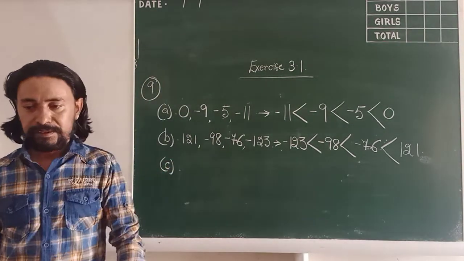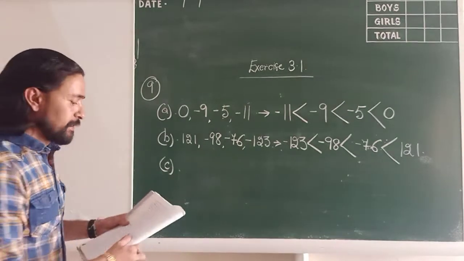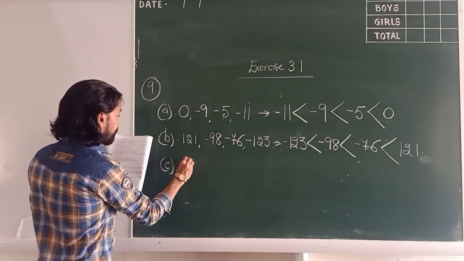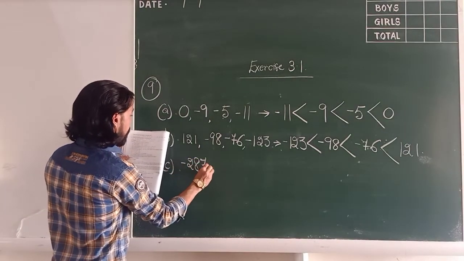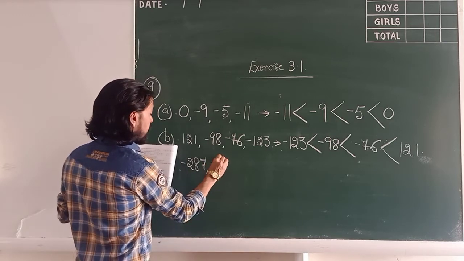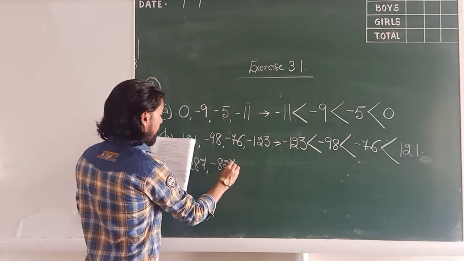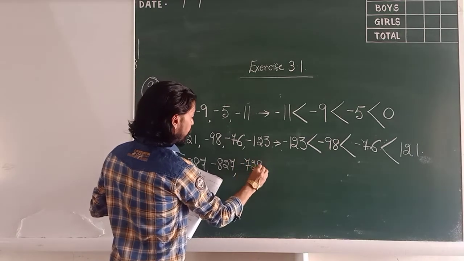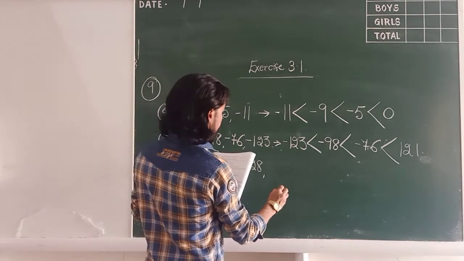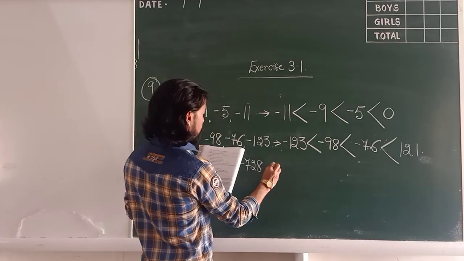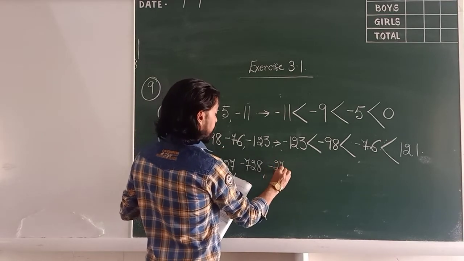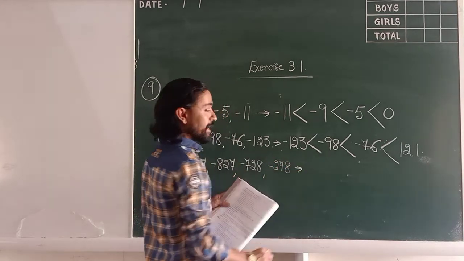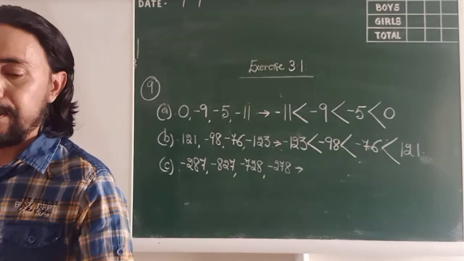Part C has minus 287, minus 827, minus 728, and minus 278. All are negative integers.